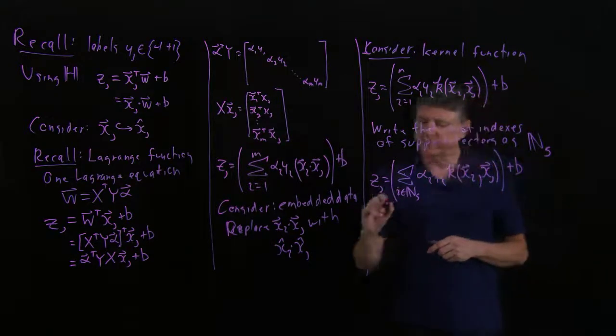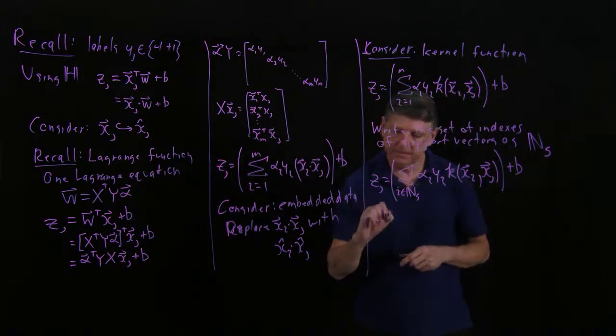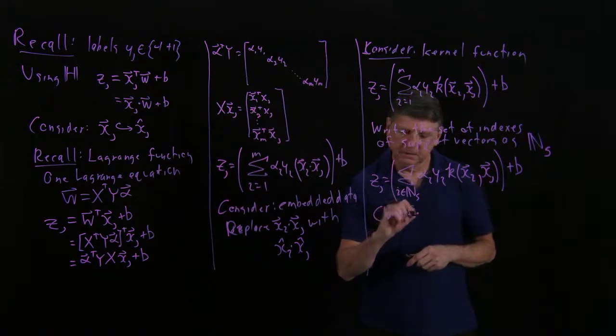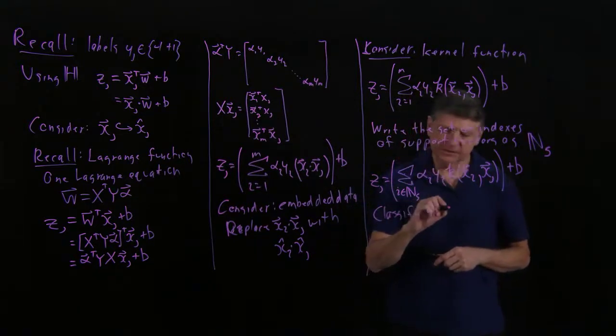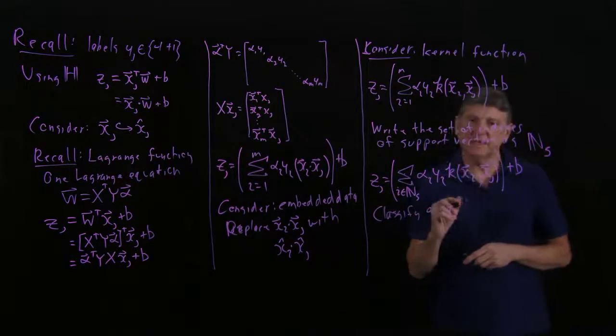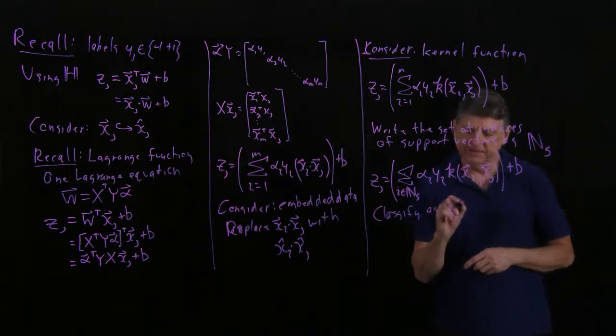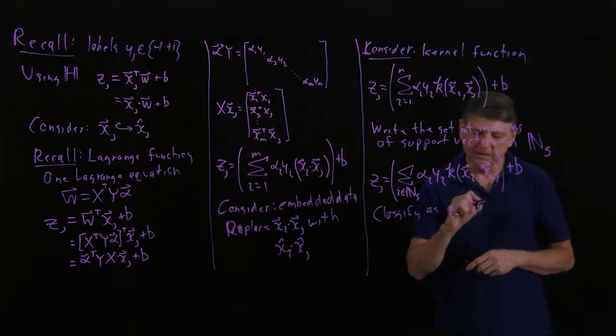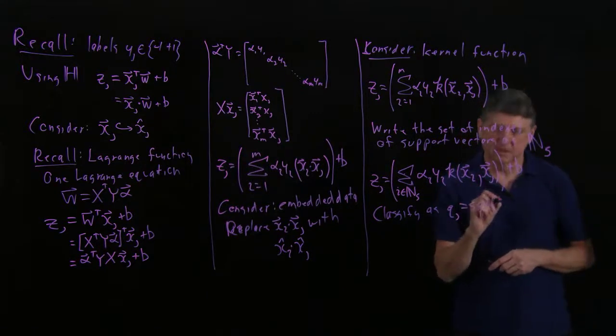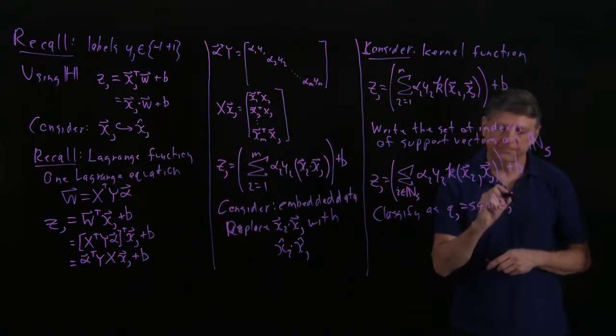And then the classification, the quantization of the jth vector, will just be the sign function of the score.